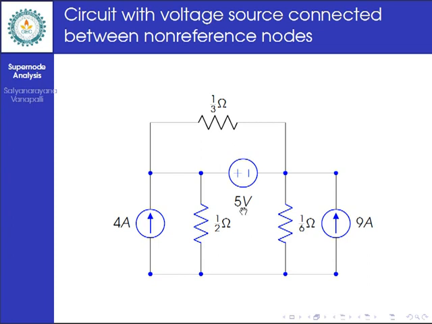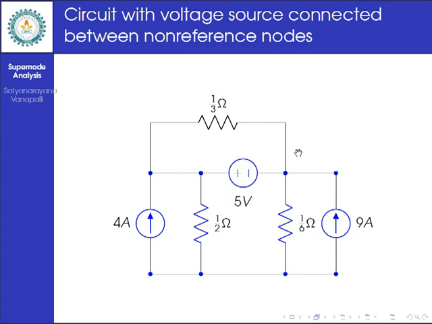The second way is to remove the branch and write Kirchhoff's current law equations at node 1 and at node 2 by excluding the branch in which the independent voltage source is present. This second method is a little bit easier compared to the first method.